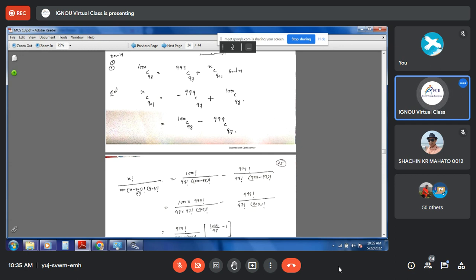Similarly on the right hand side, 1000 factorial divided by 98 factorial into 1000 minus 98 factorial, minus 999 factorial divided by 97 factorial into 999 minus 97 factorial. Formula of NCR. Use the formula of NCR.